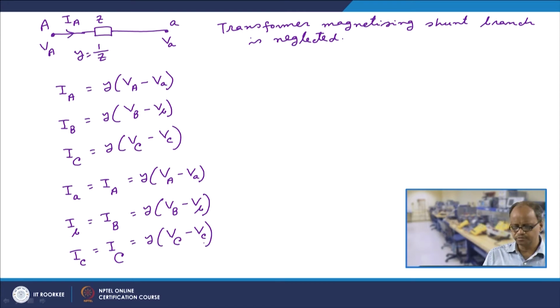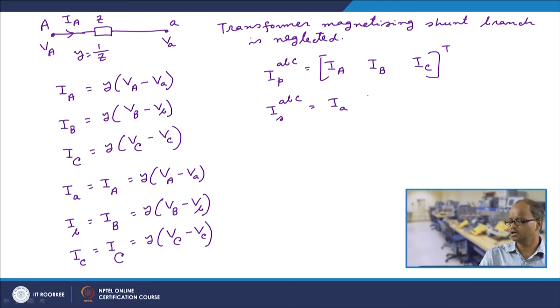So, now we have represented all these six currents, the primary current and secondary current, in terms of the primary side voltage and secondary side voltage. Here, I primary ABC is IA, IB, IC transpose, and I secondary ABC is Ia, Ib, Ic transpose.